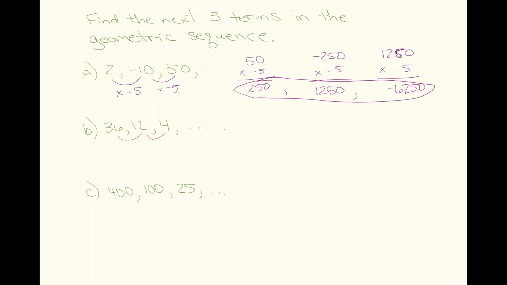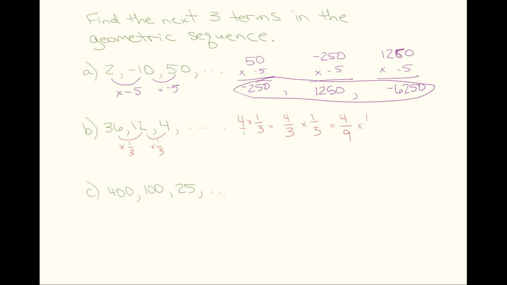In B, we have 36, 12, and 4. What are you doing? Well, you could say you're dividing by 3, but you can't divide in geometric. So we have to say we're multiplying by 1/3. That would be my common ratio. So 4 times 1/3, you have to put that over 1, so it'd be 4/3. And then that times 1/3 would be 4 over 9.